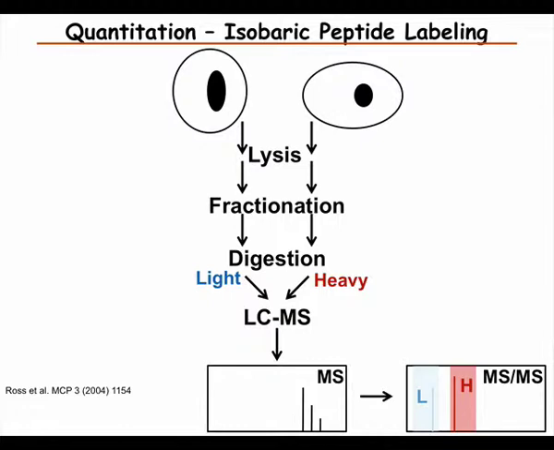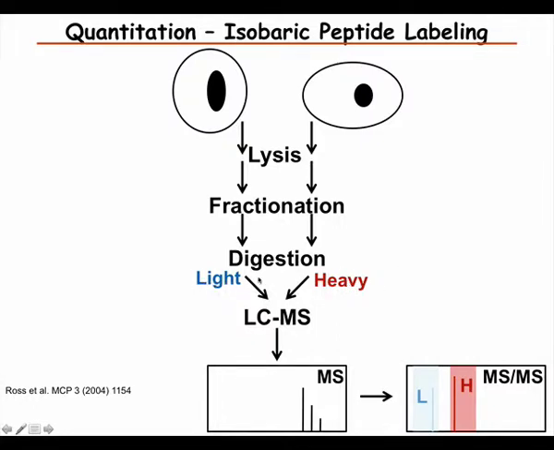Now, an additional way to quantify in MS/MS is by using what are called isobaric peptides. Here we label after digestion, either with heavy or light, or usually in this case we can multiplex several.